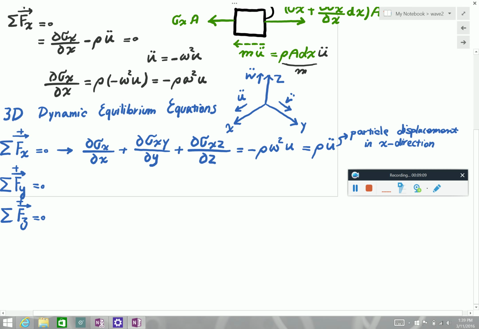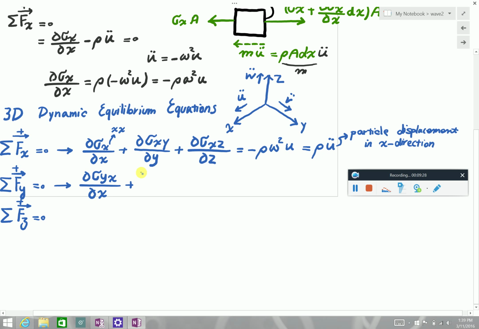Along the y and z directions, the expressions will be very similar, so you can try to see if you can write it yourself. Pay attention that this x could be xx, but for simplicity, we write it x.